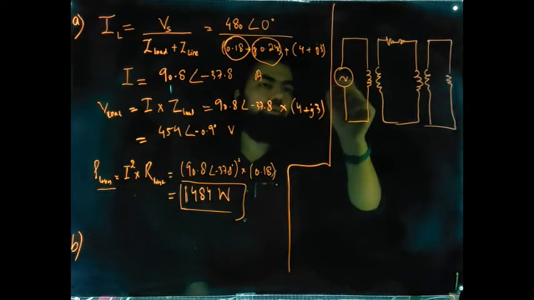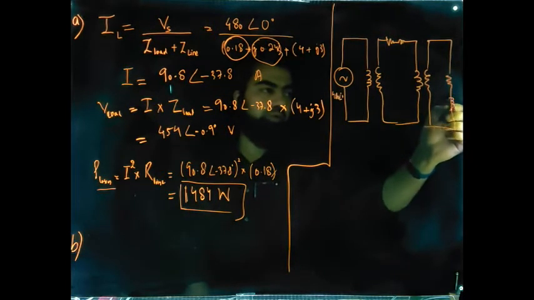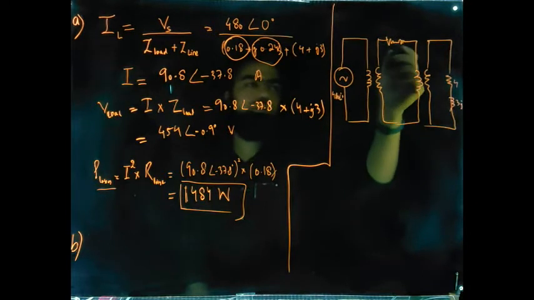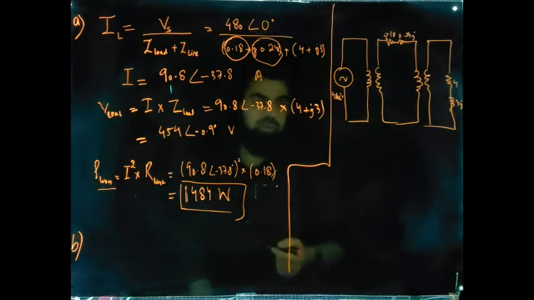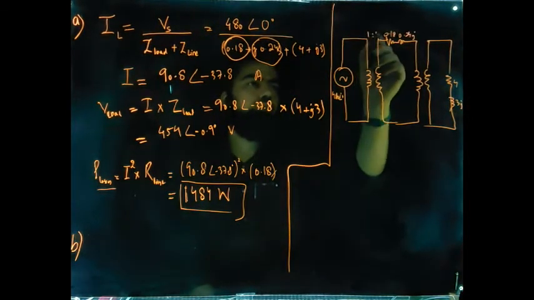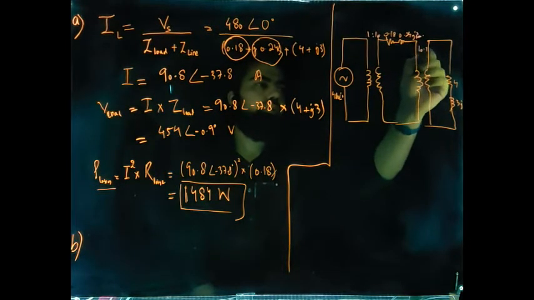Fine. So this voltage is 480 angle 0 degrees. This impedance is 4 plus 3j. This is 0.1 plus 0.24j. Fine. So this is your circuit now. This is a 1:10 transformer, and this is a 10:1 transformer.